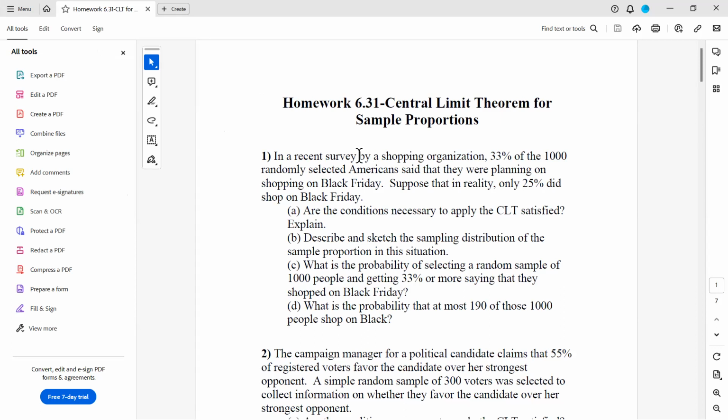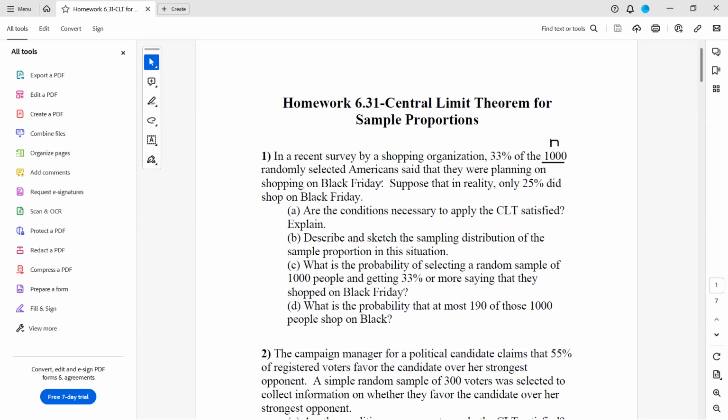So in a recent survey by a shopping organization, 33% of the 1,000, now this is where the 1,000 becomes important, okay? You have 1,000 people. This is your N. We'll get to the P's in a minute, in assumption number 3. This is my N.